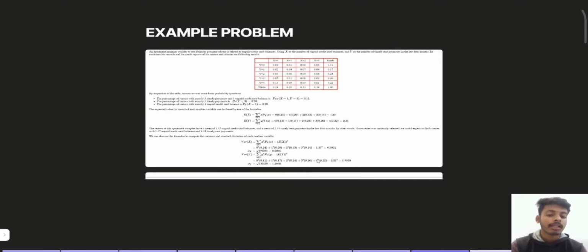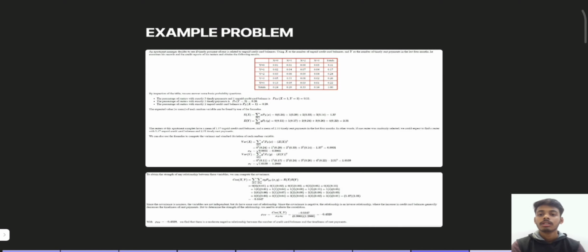The correlation formula is covariance of xy divided by sigma x and sigma y, that is the standard deviation. We'll get minus 0.4329. We find that there is a moderate negative relationship between the number of credit card balances and timeliness of rent payments.